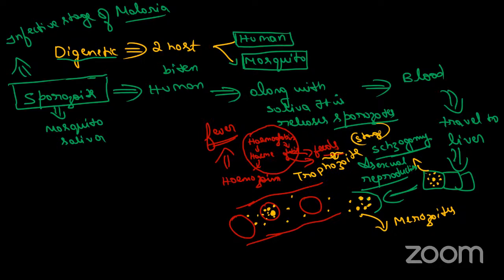Then what will happen? Some of the merozoites are there in the blood. Some of the merozoites are converted into the gametes. See here, now these gametes move into the superficial vessels of the skin.